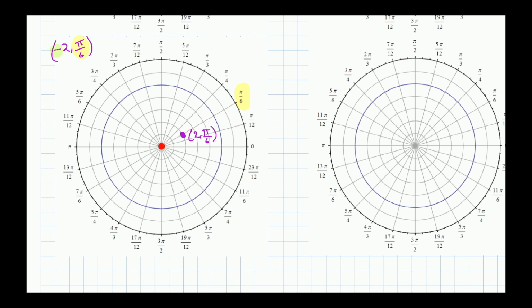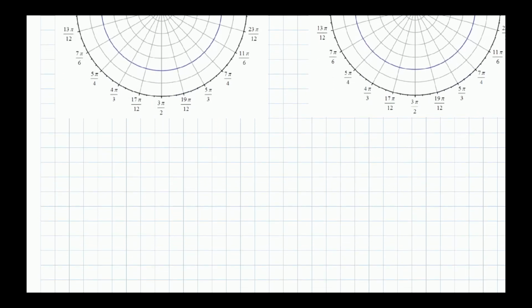Negative r will move away. So it would be towards the 7 pi over 6 down here, right? 180 degrees away. So with r equals negative 2, you move in the opposite direction from pi over 6.